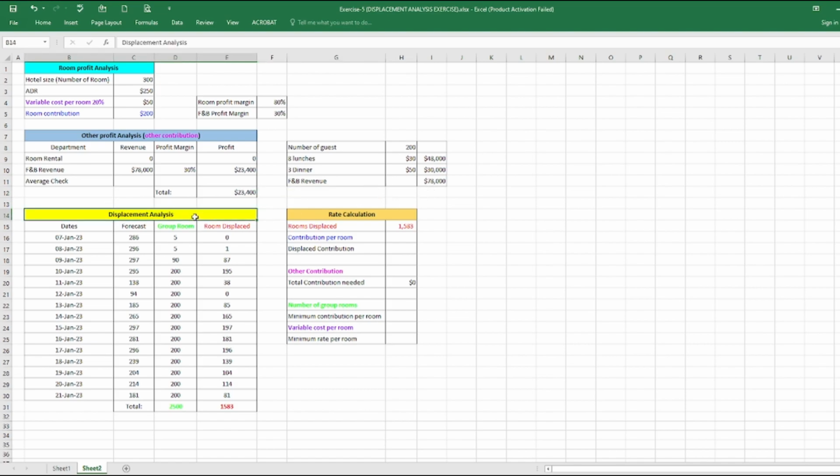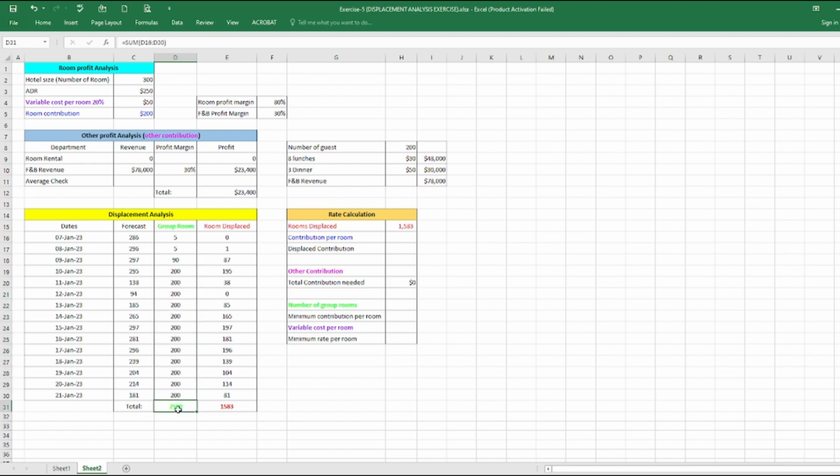See the displacement analysis. On January 7 and January 8, the group will have 5 rooms and 5 rooms, and January 9 will be 90 rooms, but from January 10 till January 21 is 200 rooms. All the same, 200 rooms.